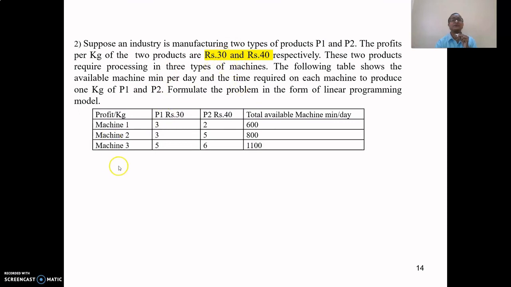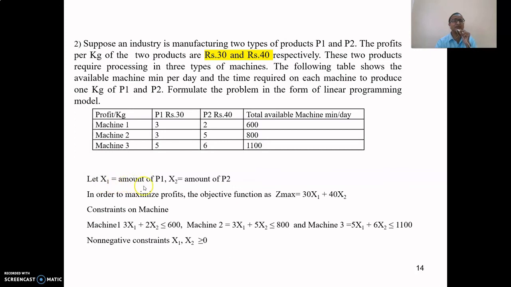So here the decision variable is related to the production of P1 and P2. Let x1 be the quantity of product P1 and x2 the quantity of product P2.